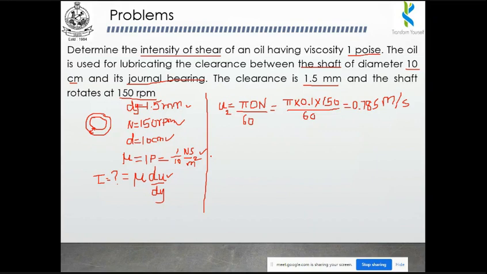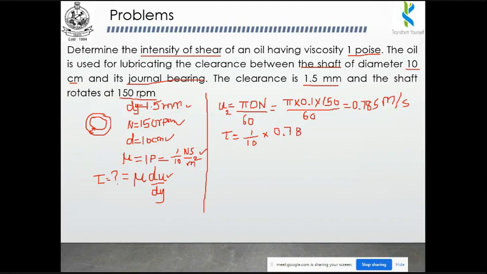Now you can substitute these values in the formula for shear stress. The value for mu is 1 by 10, and the value for du is 0.785, which you can directly use as it is, because it is in meter per second.